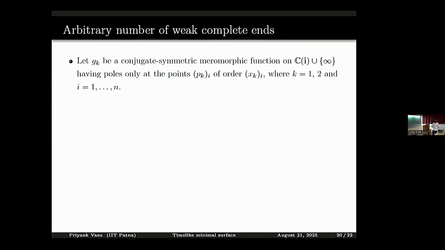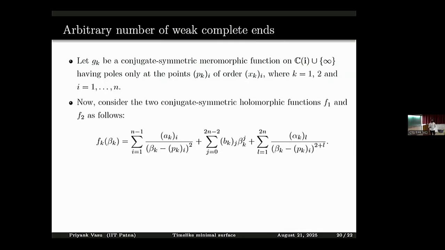So we need G_k, F_k, G1, G2, conjugate symmetric meromorphic maps, which have poles at p_i of order x_i. Then we need our maximal surface, x1, x2, which should satisfy the period condition.